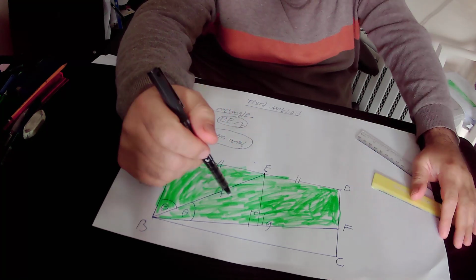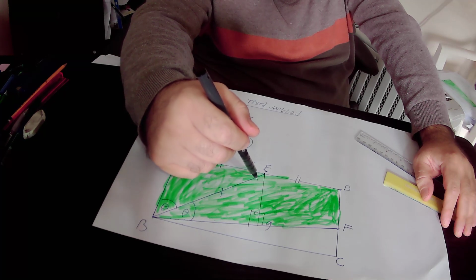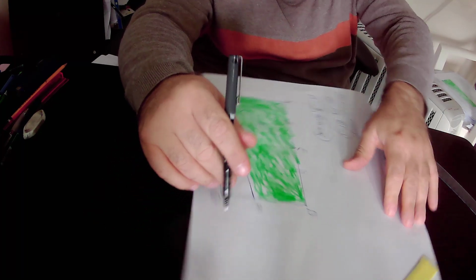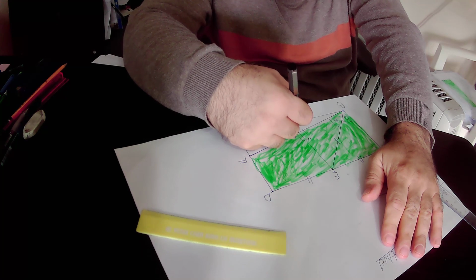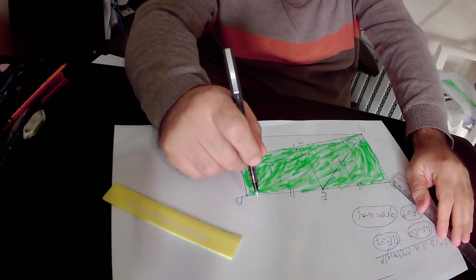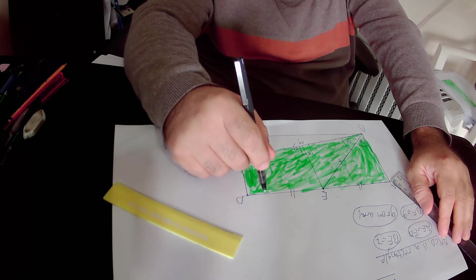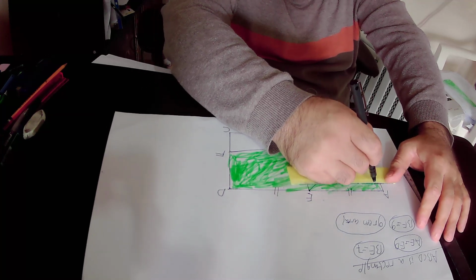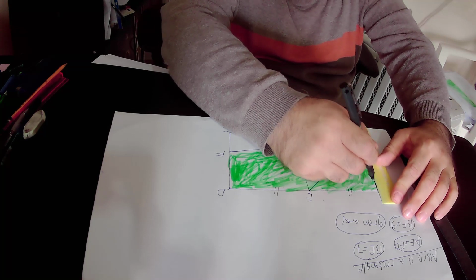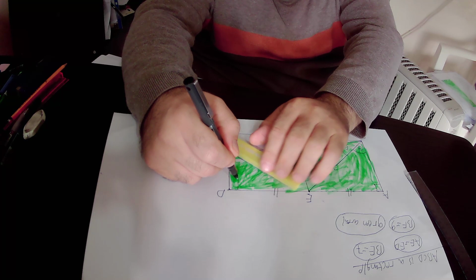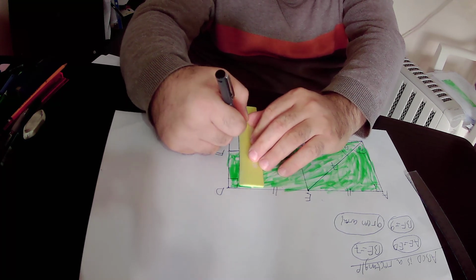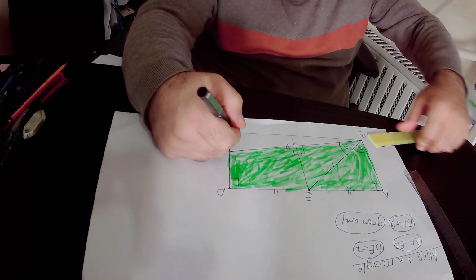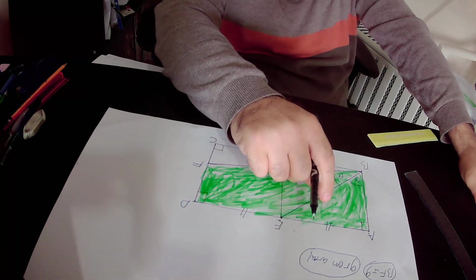We define the touching point of the perpendicular on BF as point M. We know that all the angles inside the rectangle are right angles, so this angle equals 90 degrees, and this angle also equals 90 degrees. This angle also equals 90 degrees.